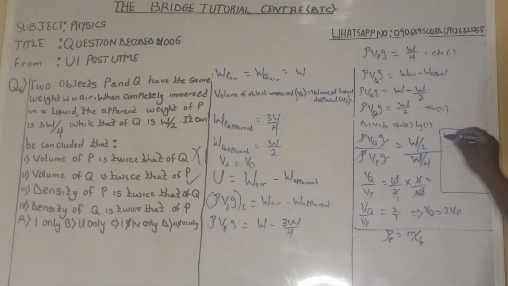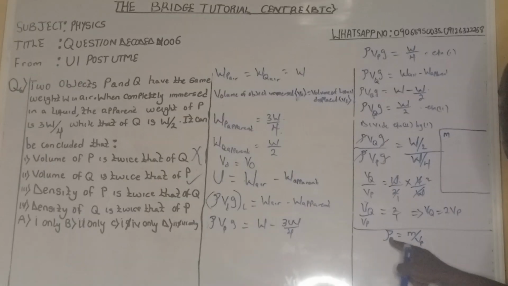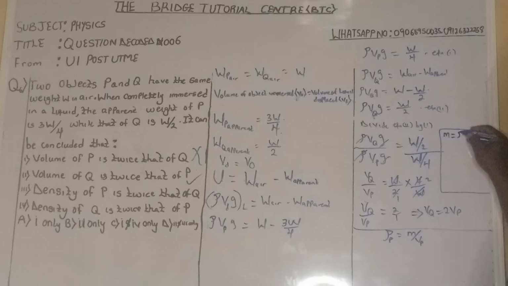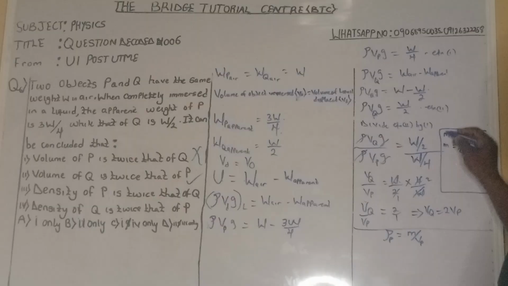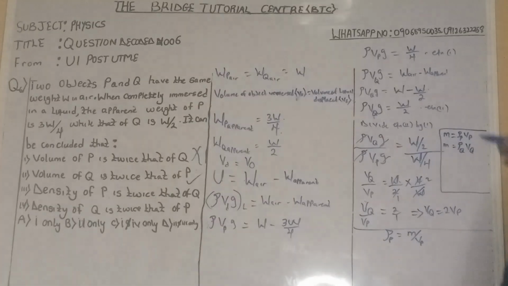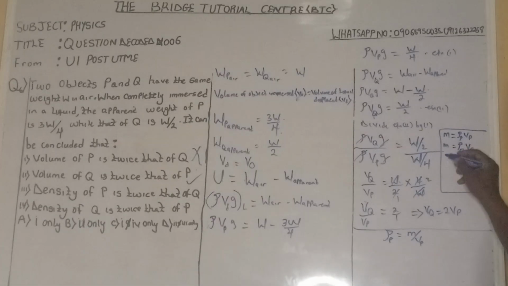The mass of P, which is M, equals the density of P multiplied by the volume of P. The mass of Q will also equal the density of Q multiplied by the volume of Q. Since they have the same mass, they will be equal. So rho P V_P must equal rho Q V_Q.